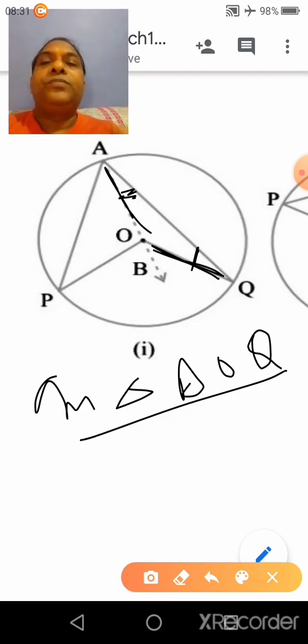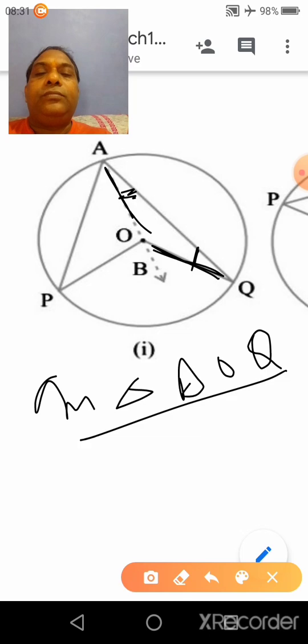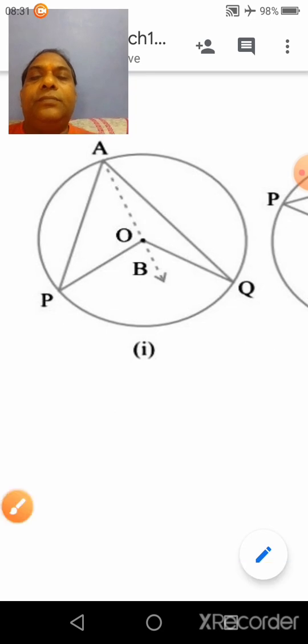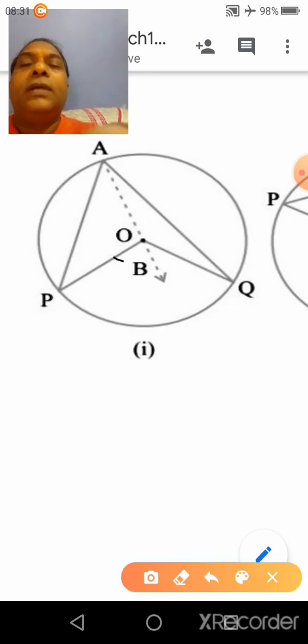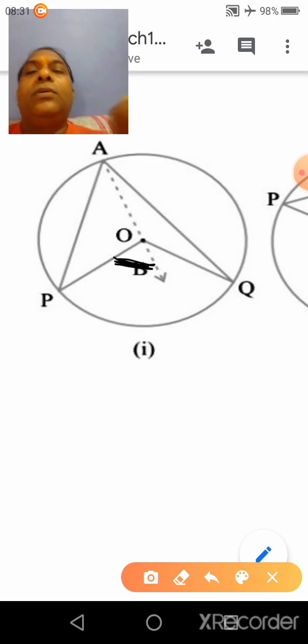Clear? And also this angle will be equal to this angle plus this angle, because the exterior angle is equal to the sum of the opposite interior angles.